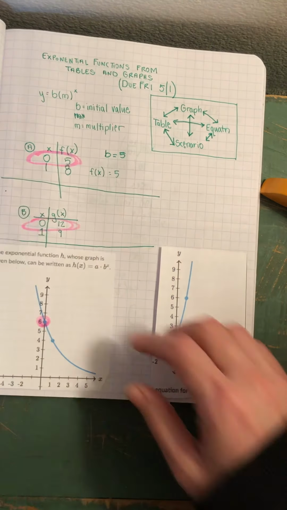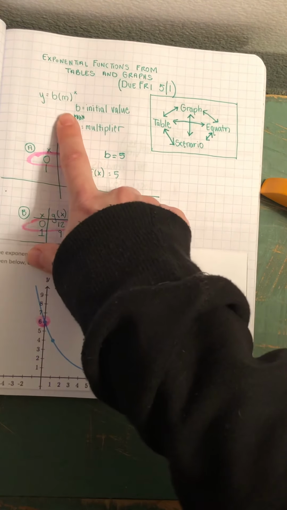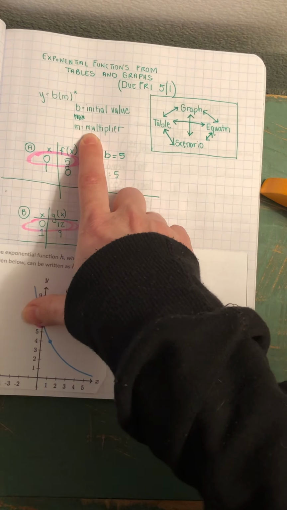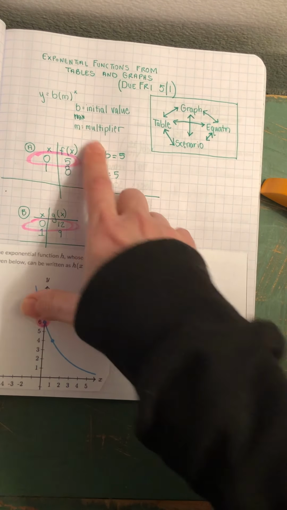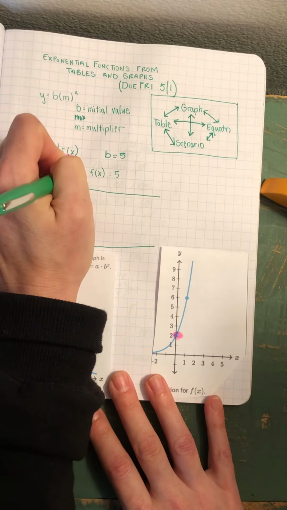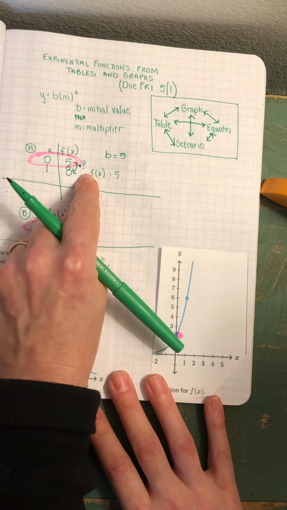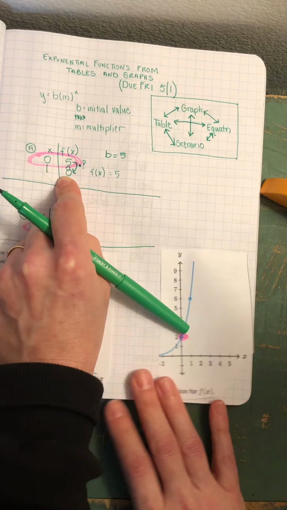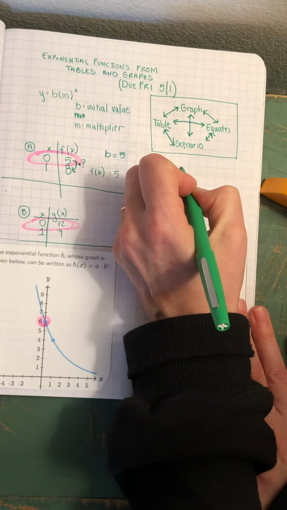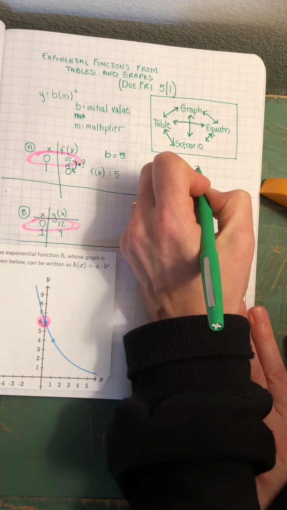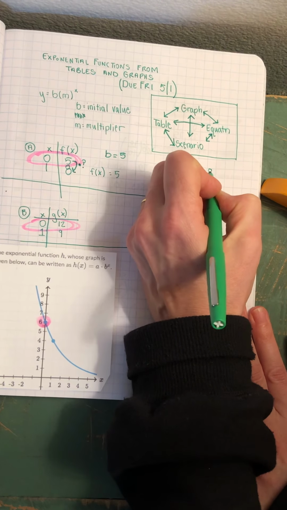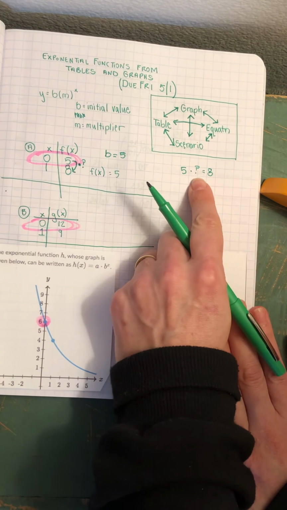What I have to think of is my M. Again, you can think about M as a multiplier. So I have to think of 5 times what is going to give me 8. Let's do a little equation over here. 5 times what gives me 8? Well, I need the what.